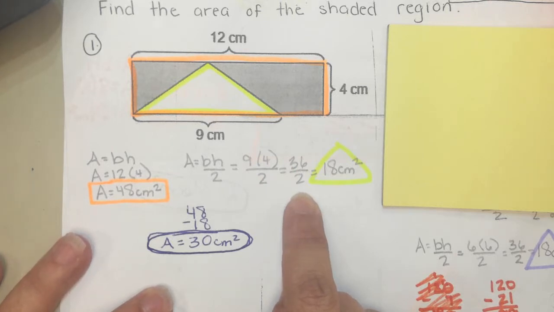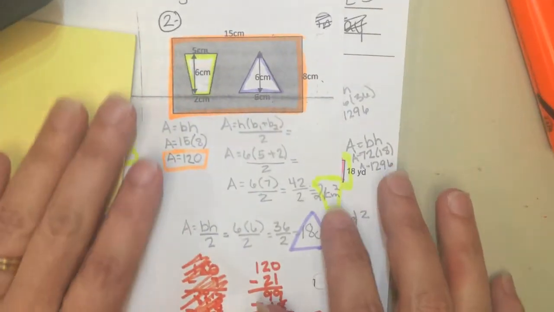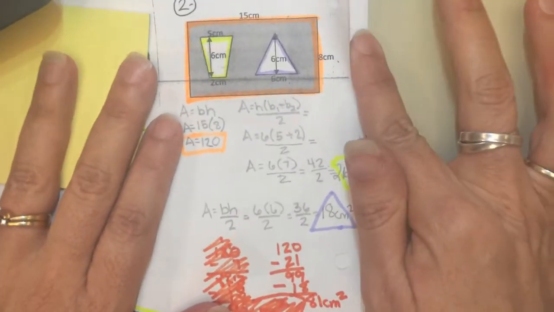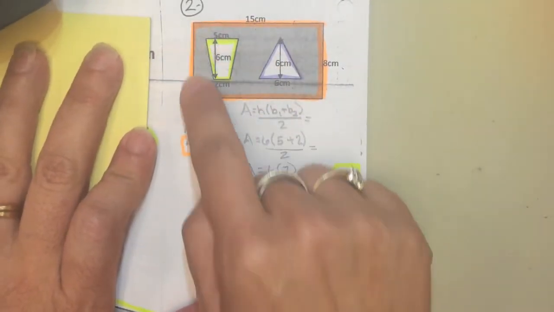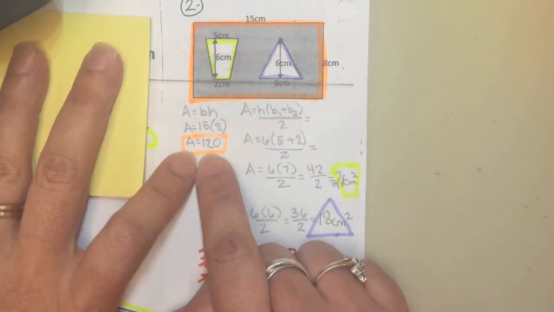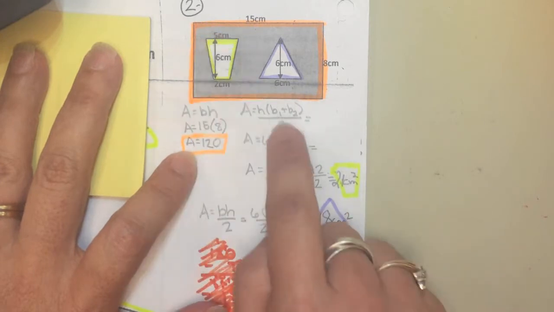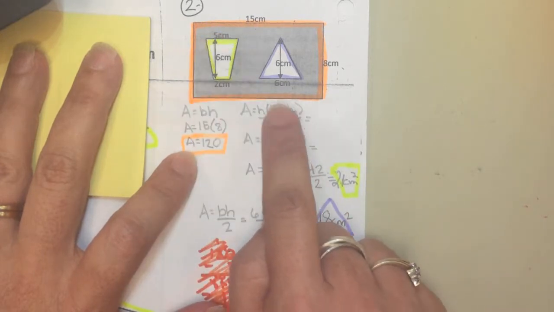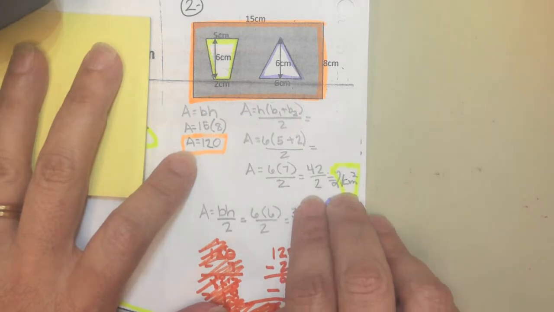Anybody? Questions? Okay, let's look at number 2. Now, this one's a little messier, but I'm going to do my best. Here we go. On number 2, the big outside rectangle is 120. Then, I found the area of this trapezoid using that formula, and my area of the yellow trapezoid was 21.